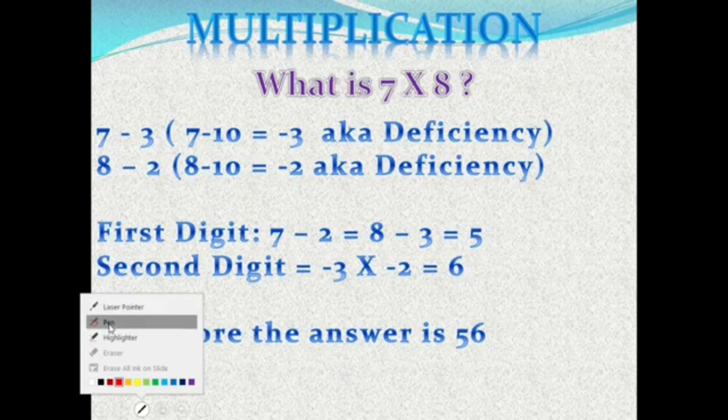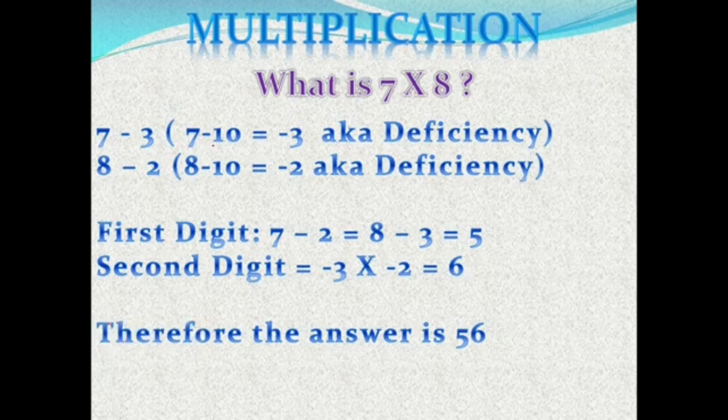I am calling these two values deficiency values. If they are more than 10, then I am going to call them surplus values. So this is minus 3 and this is minus 2.